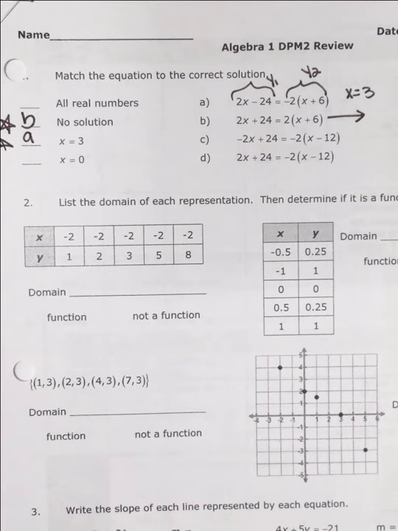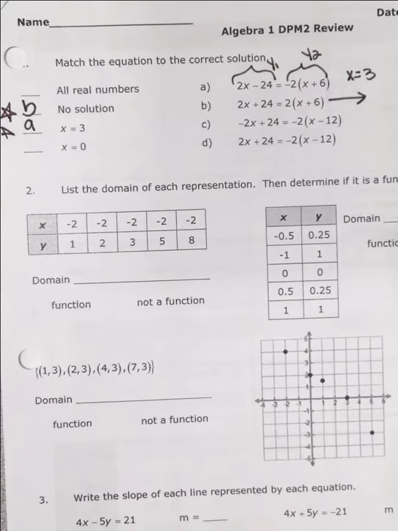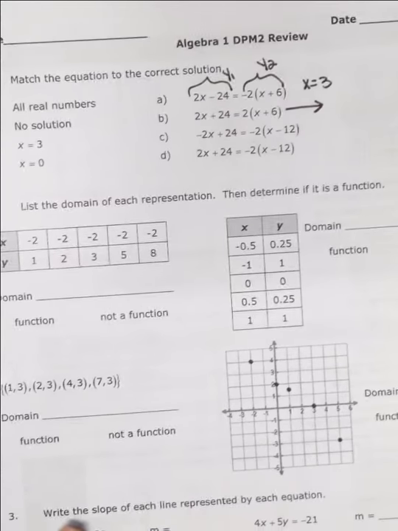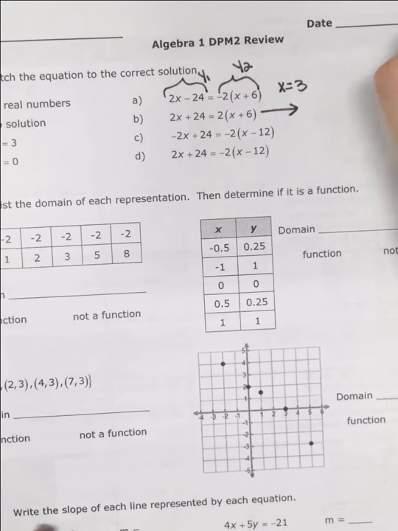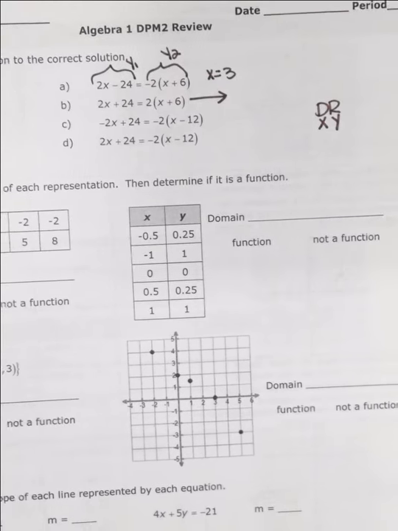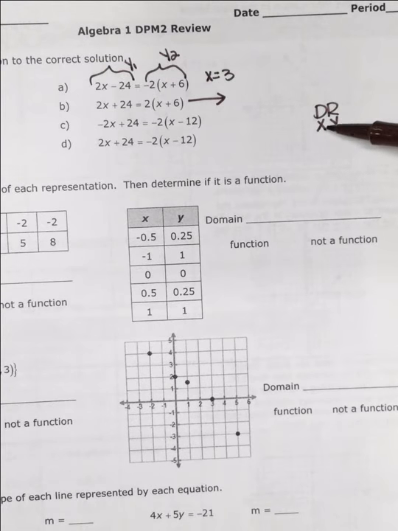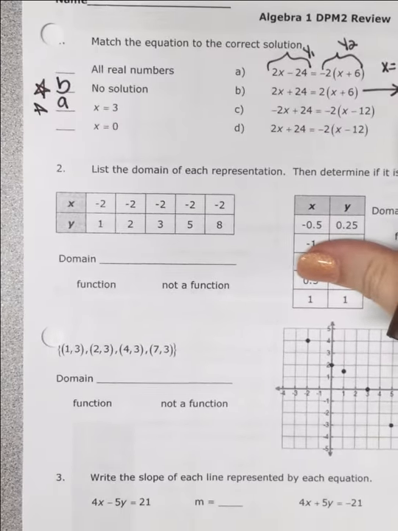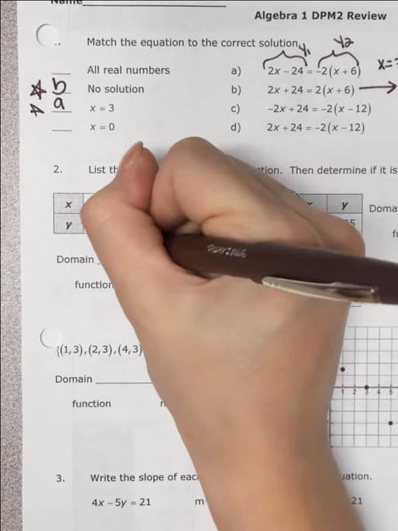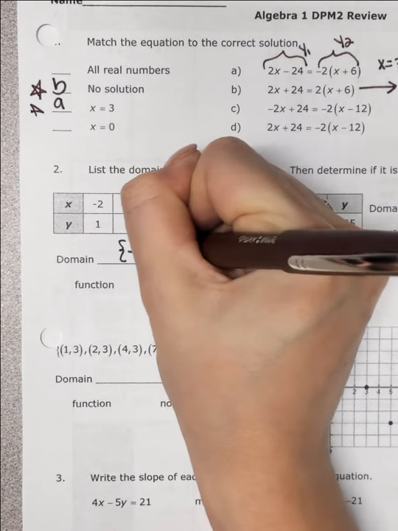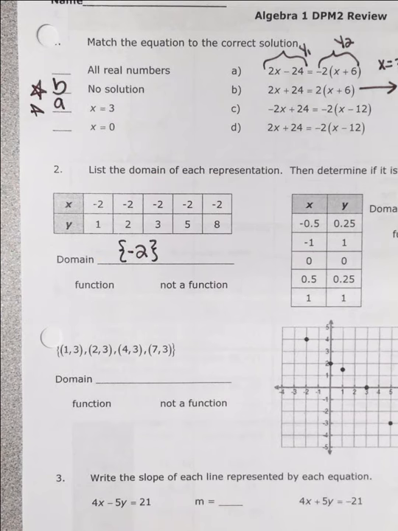Okay? Number 2, list the domain of each representation. Okay, we've got our supplemental aids or our anchor charts, domain is x, range is y. Domain means x. So what are the x values that you see here? Negative 2. That is the only x value that you see.